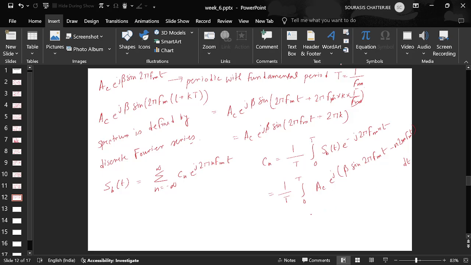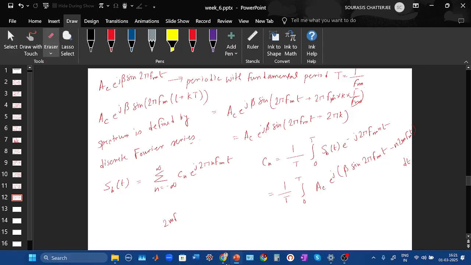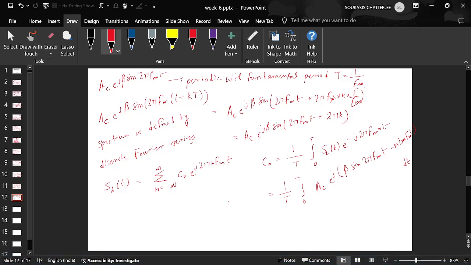Then we make a change of variable, where we say 2 pi fm t is x. So our dt is going to be dx divided by 2 pi fm.